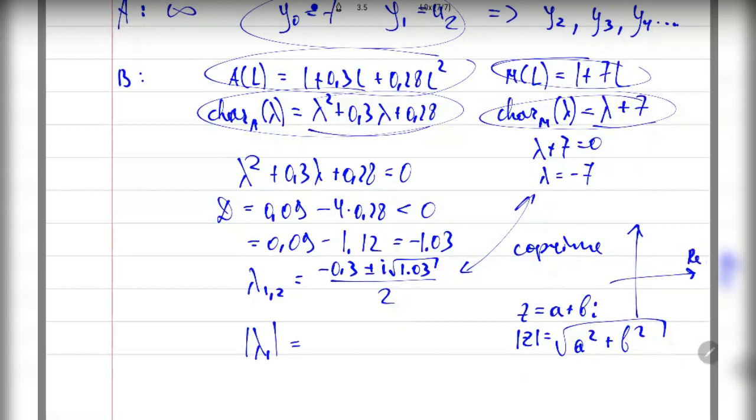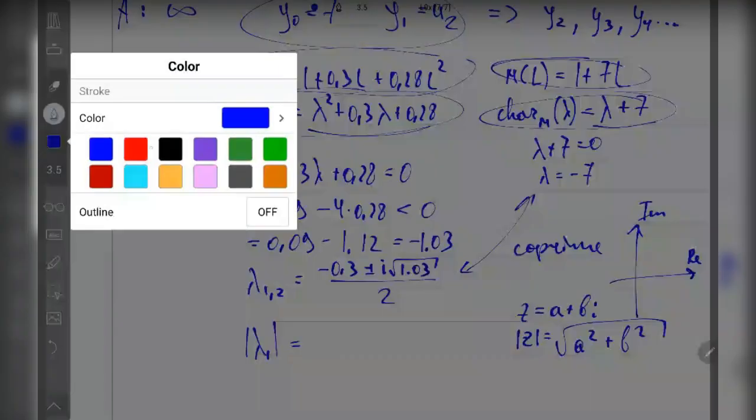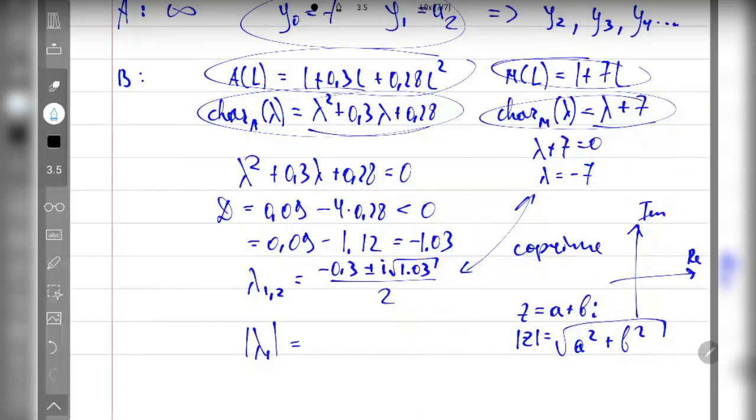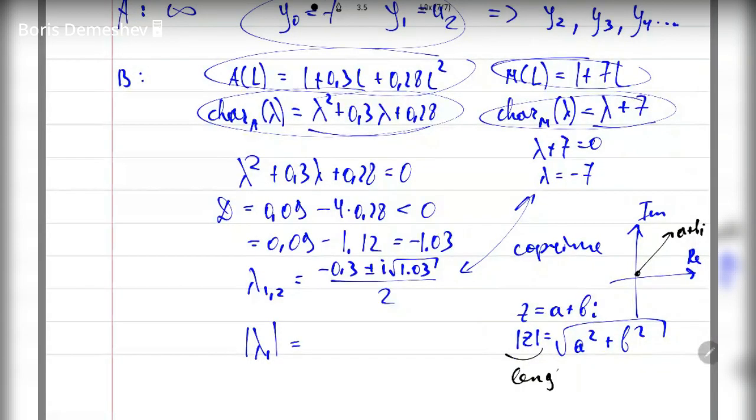We have a real part on a horizontal axis, imaginary part on the vertical axis. That is something like a plus bi, and we just use the Pythagorean theorem to calculate the length. So once again, this is just the length of a vector z, and the length is positive or 0. The length is not imaginary.